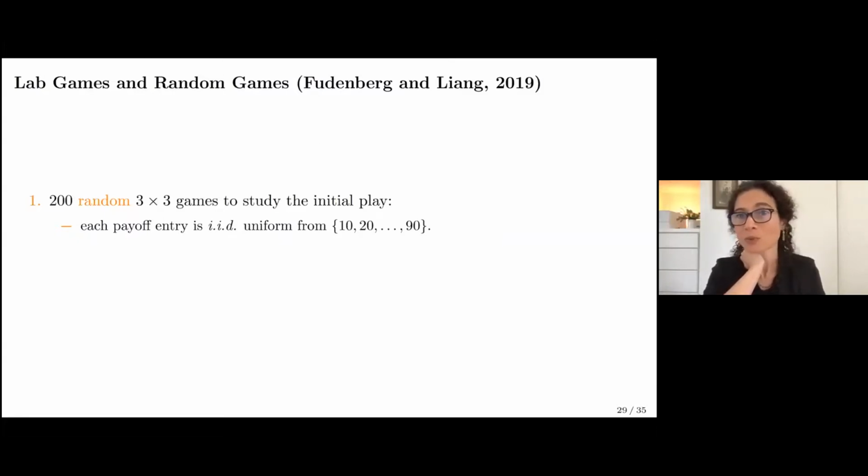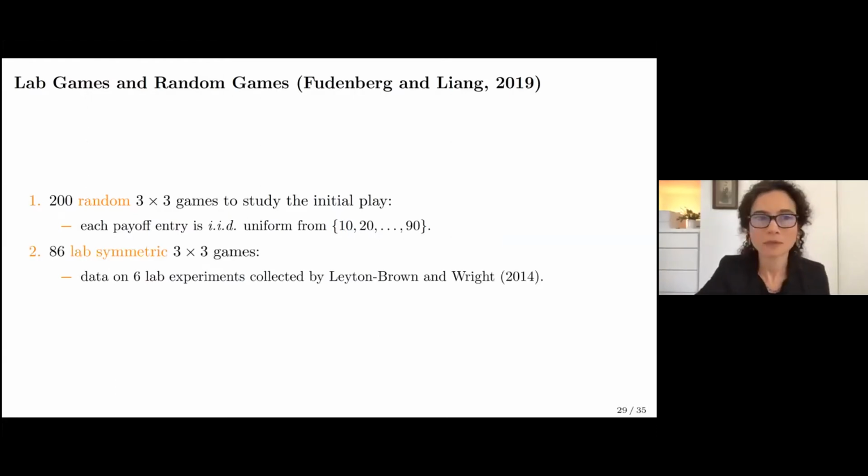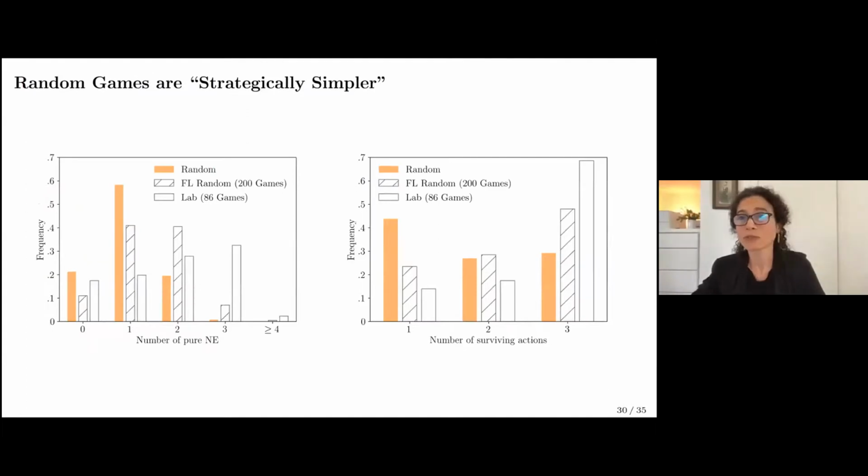So they didn't rule out indifferences. So that's the only difference from the way we randomly determine payoffs. They also had data from 86 lab symmetric 3x3 games, which came from 6 different lab experiments collected by Leighton, Brown, and Wright. So I'll show you some features of these games.